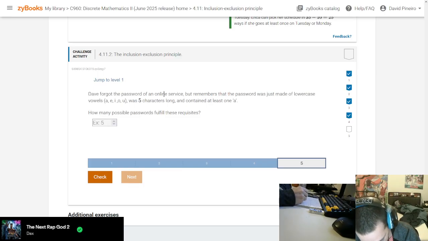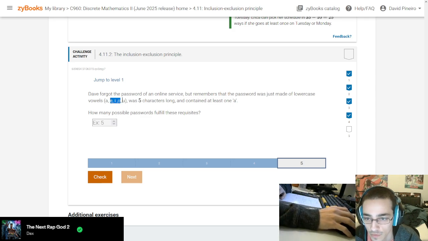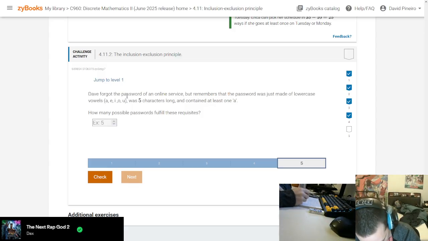So it's 5 choose 1 times the rest. We already used up the A, so there's 4 characters left, and it's just 4 to the 4th, because we have an A. There's only 4 options left, so 4 to the 4th.